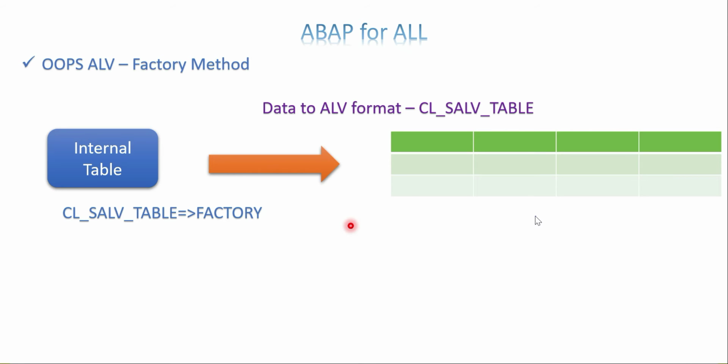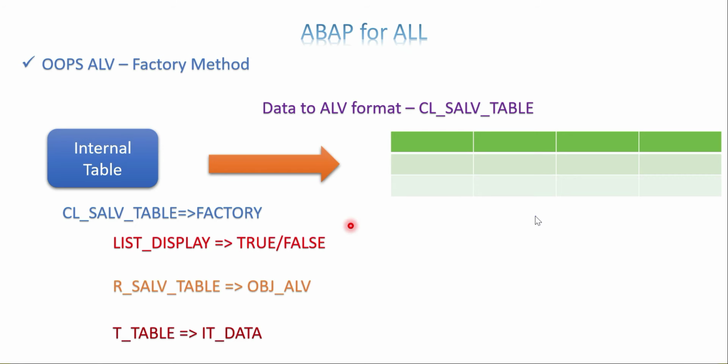For each one you need an object reference variable, and that needs to be a reference created from the base class of your factory method. Here, this is the primary method which displays the ALV format of your data.